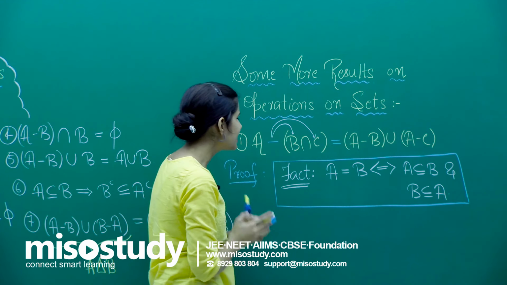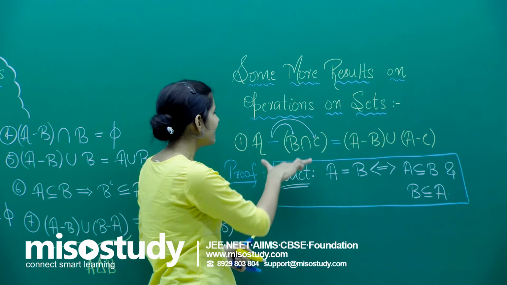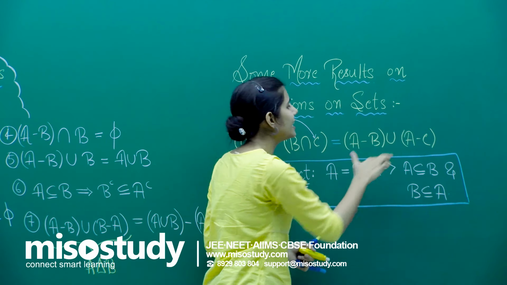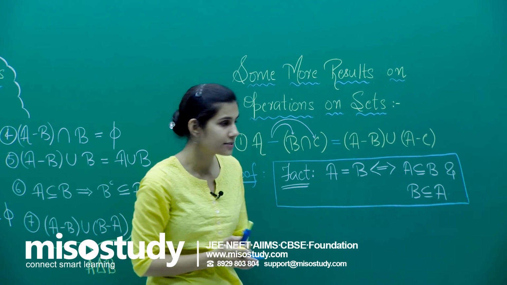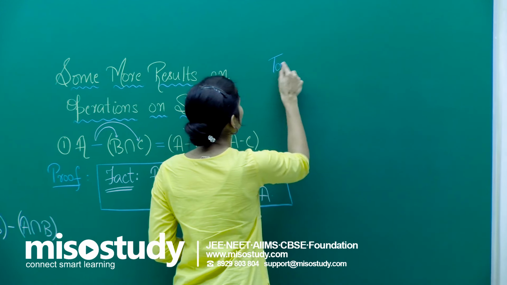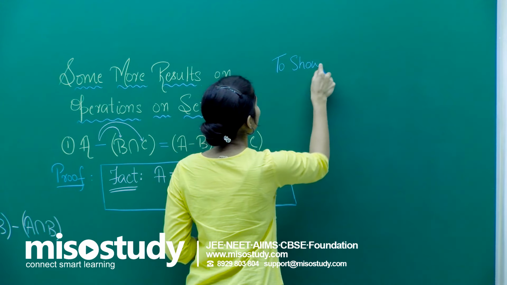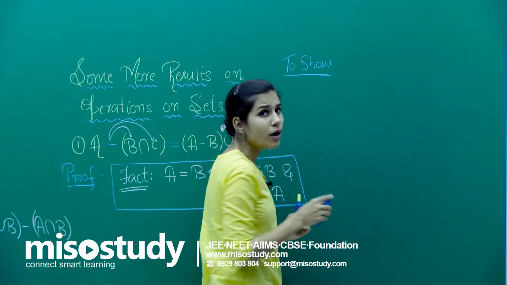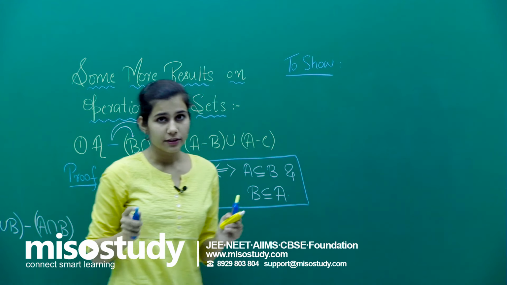The very first claim that we are going to show is that the LHS set is contained in the RHS set. Let's start with that. What is it that I have to show? Let's write it so that there is no ambiguity while we are doing the proof.